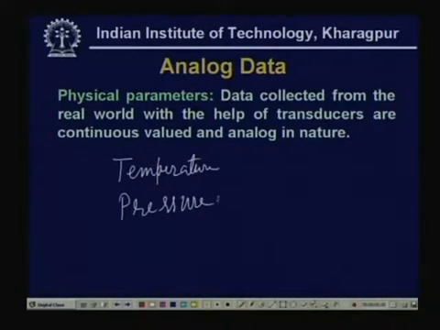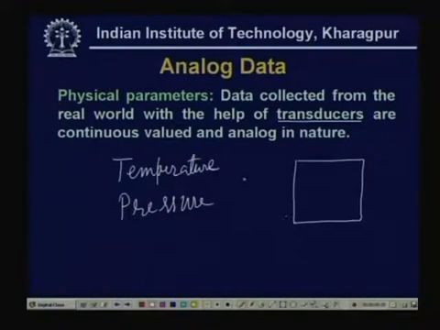these are all analog in nature, and these analog parameters are usually converted to electrical form with the help of transducers. Transducers are essentially some kind of energy conversion device.